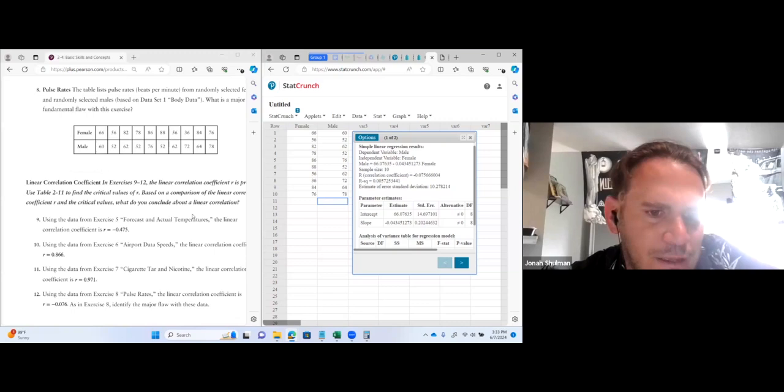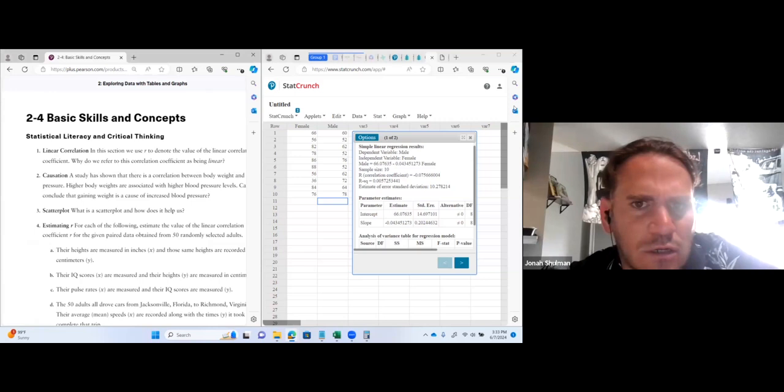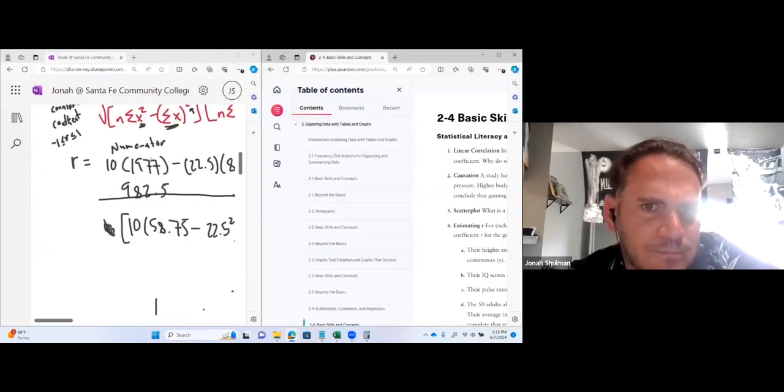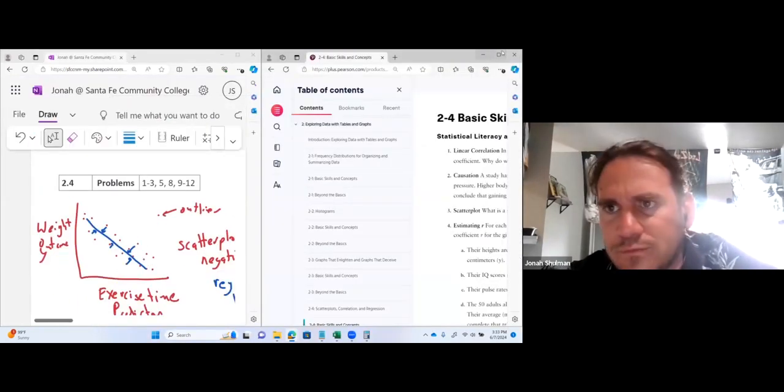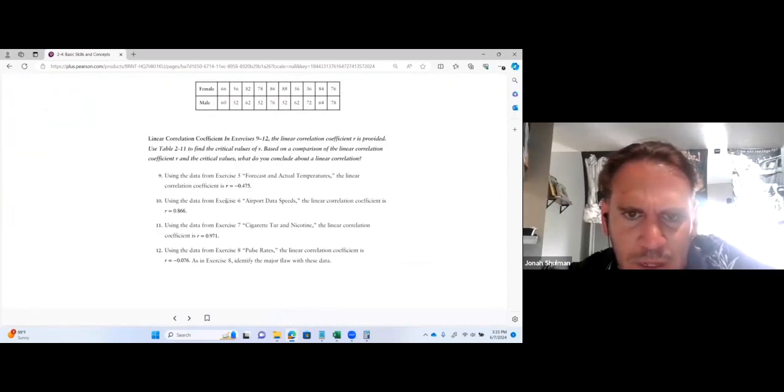Cool. All right, so I might as well just see what the other ones that they have you do are. 9 through 12. Linear correlation coefficients in exercises 9 through 12. Use Table 2-11 to find the critical values based on r.